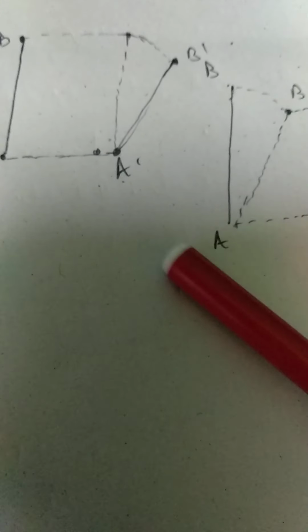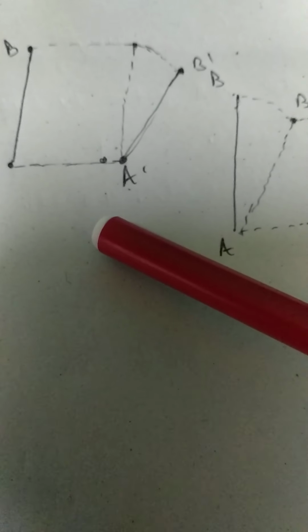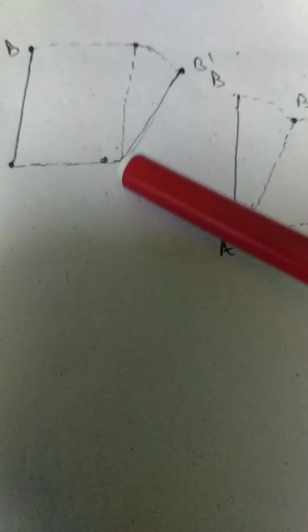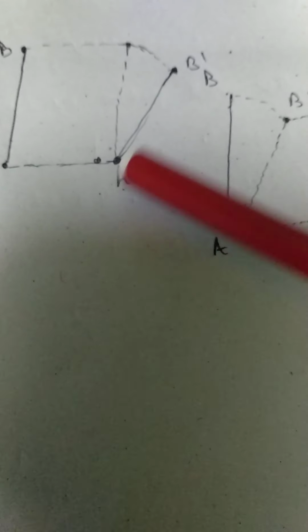Now see in the first figure, the link first has the motion of translation from AB to A1 B dash.